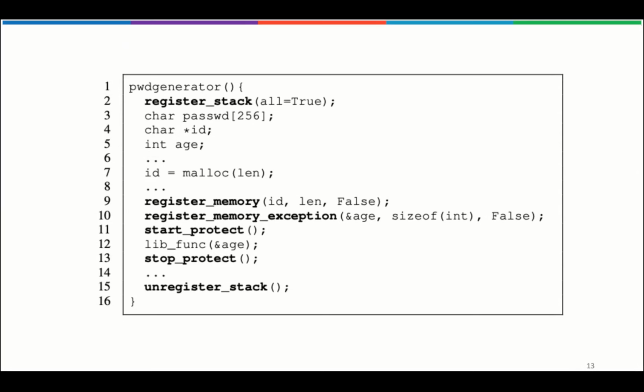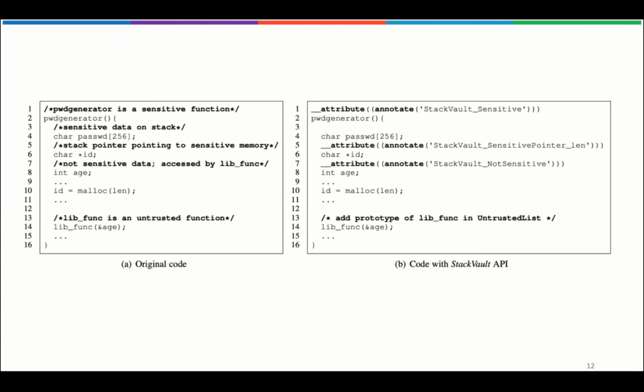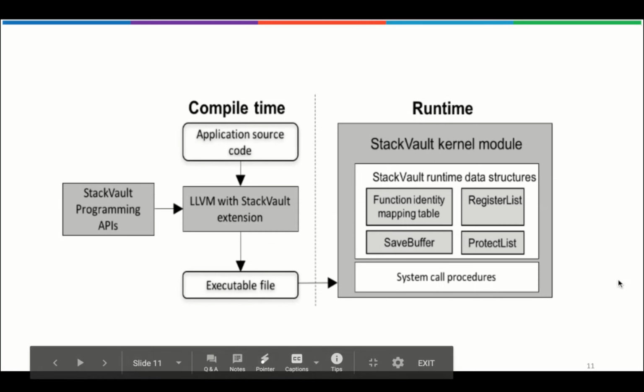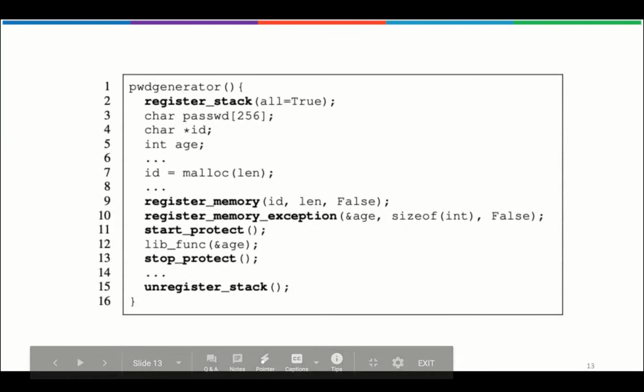So take a look at that. It's quite interesting, and it is not a new notion. Because of the identity of the function, leaf func cannot masquerade as saying that I am actually password generator. If leaf func calls stop protect, the kernel runtime will say no, you are an untrusted function, so I cannot allow you to call stop protect.